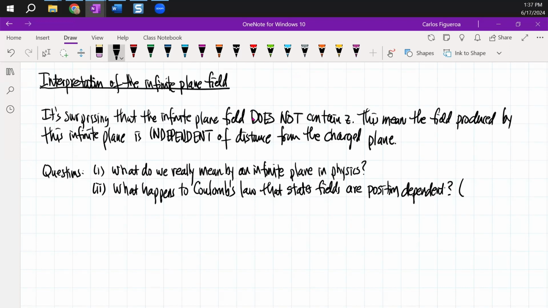In other words, we see here that our little fields are proportional to 1 over r squared. How can we have a constant field if Coulomb's law says that they have to depend on position?